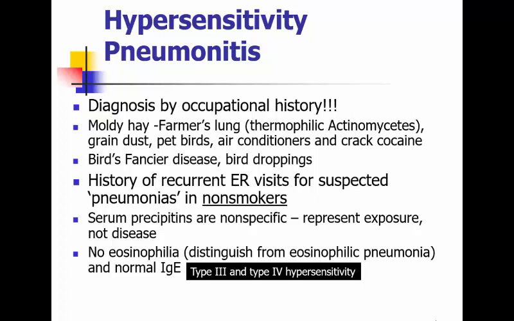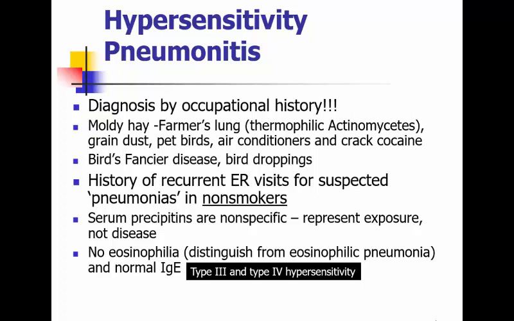Serum precipitins are non-specific because they tell you the patient has had exposure but not an acute episode. And remember that patients with hypersensitivity pneumonitis will not have eosinophilia, and that helps you distinguish it from eosinophilic pneumonia, which I'm going to talk about. The eosinophils will not be high.